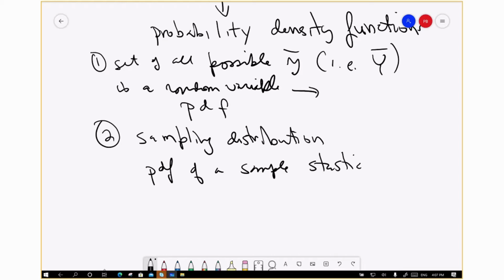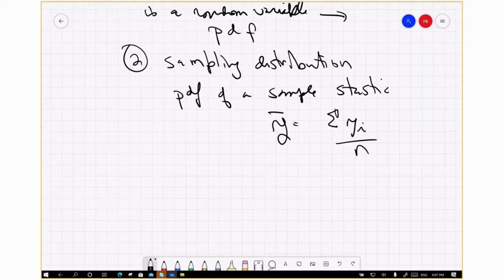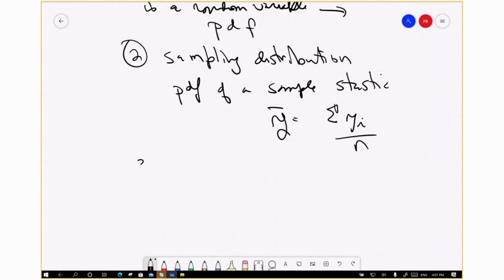Because you remember that any individual lowercase y bar that we calculate is just a sample statistic that we get when we take the sum of all the yi and divide by n. And the third point is what we're eventually going to see is that the sampling distribution, when samples are taken from a normal population, is itself going to have a normal distribution.